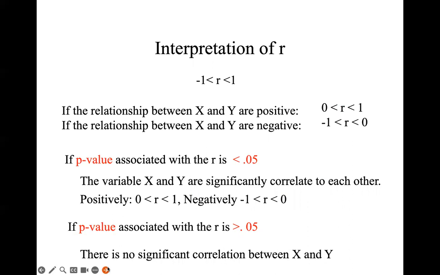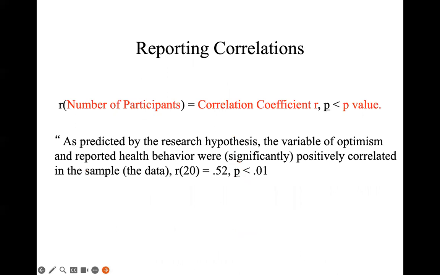If the p-value associated with R is less than 0.05, then the variables X and Y are significantly correlated with each other. That's what it means. If the p-value is greater than 0.05, then there's no significant correlation between X and Y. Normally, this is how we report correlations: As predicted by the research hypothesis, the variables of optimism and reported health behavior were significantly positively correlated in the sample.